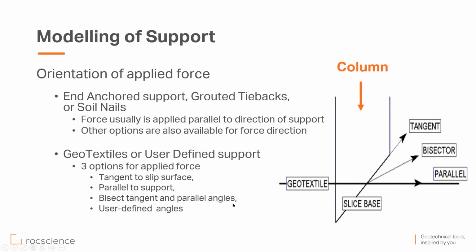But for geotextile or user-defined, we have different options. The support can be tangent to the slip surface, similar to here, parallel to support, or bisector tangent or parallel angles. For user-defined case, you can define your user-defined angles as well.